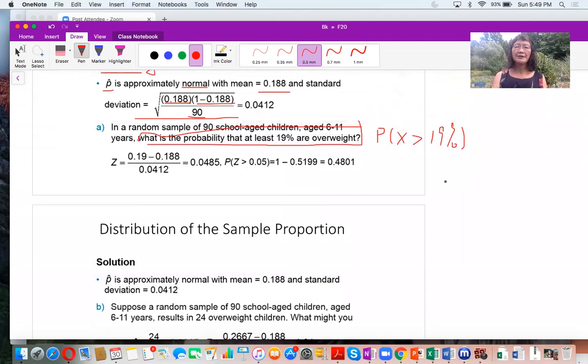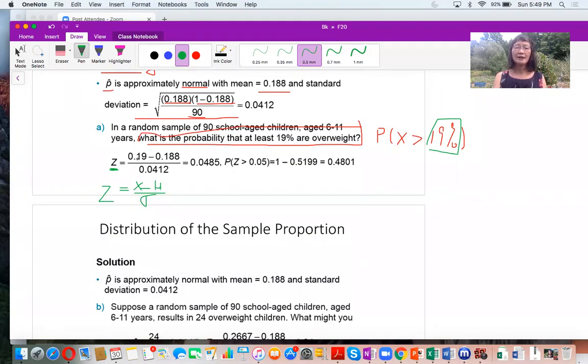So we need to translate this 19% into a Z value. So this is the Z value for 19%. Remember the formula, Z is equal to X minus mu divided by sigma.